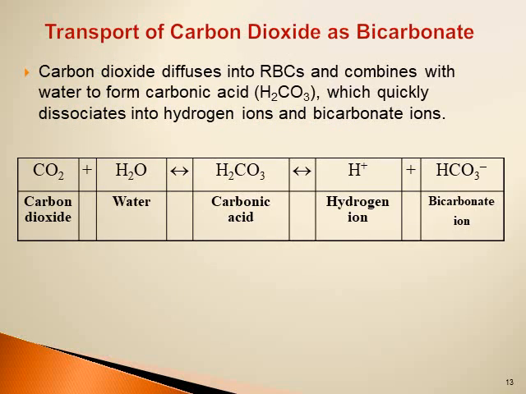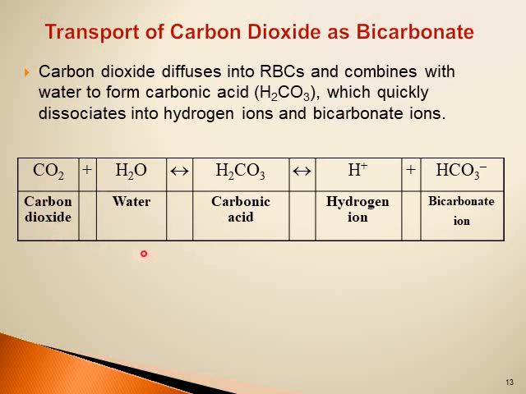So the transport of carbon dioxide as bicarbonate: carbon dioxide diffuses into the red blood cells. And inside the red blood cells, it combines with water to form carbonic acid. And this reaction needs the presence of the enzyme carbonic anhydrase. Carbonic acid, after its formation, will quickly dissociate into hydrogen ions and bicarbonate ions.